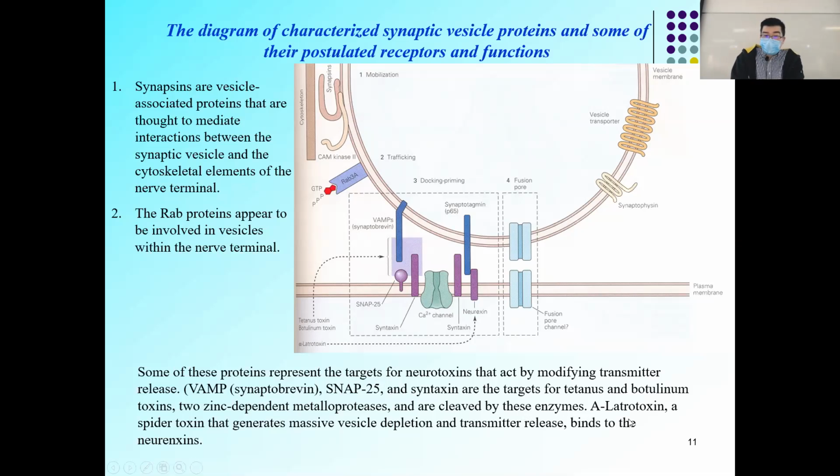Now, if you still remember, we talked about Botox. Botox originates from the botulinum toxin. The toxin cleaves this structure, so that the vesicle is not able to release, stopping the transmission.